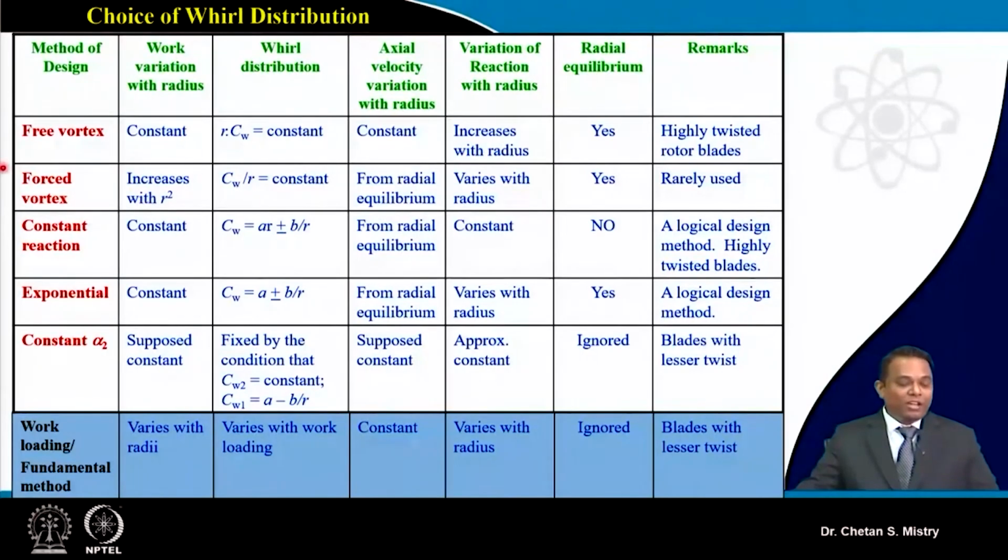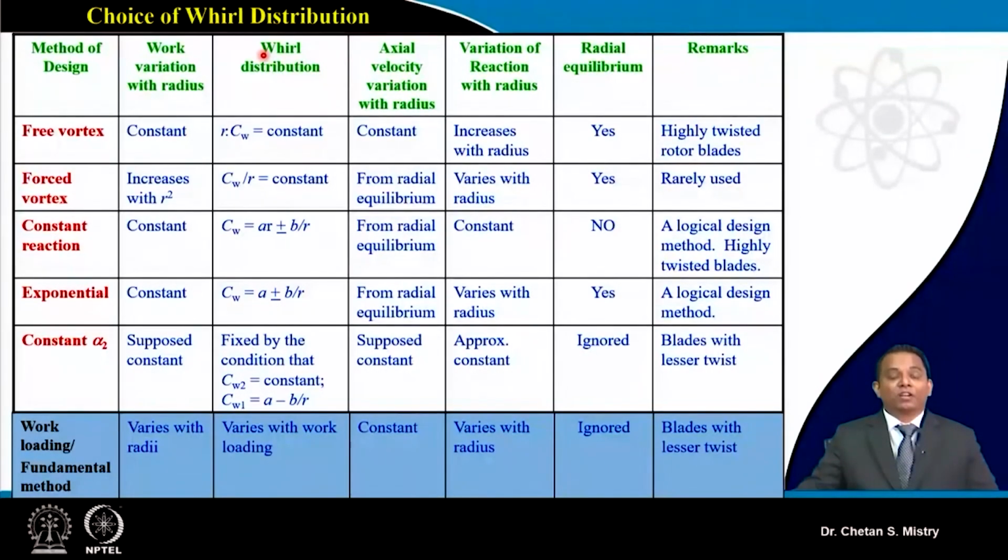If we look at the very first method we have discussed, it is the free vortex method, and as we have discussed, during the 50s and 60s people were using this method for the development of gas turbine engines, with application to aero engines. In that, the work variation remains constant.